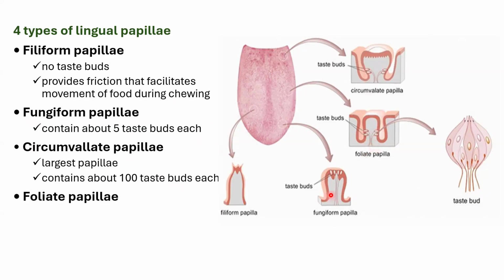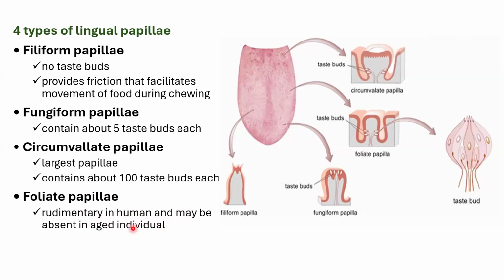The fungiform papillae will contain taste buds, and then the foliate papillae, which are rudimentary in humans and may be absent in aged individuals. This is the foliate papillae. Now, all those will contain taste buds, and this is the taste bud.